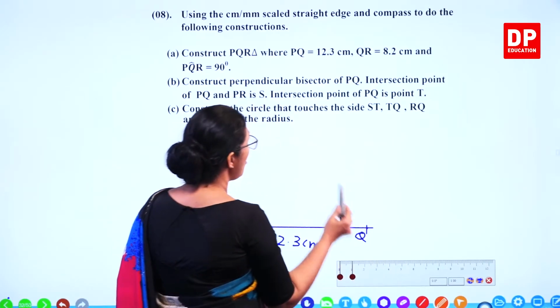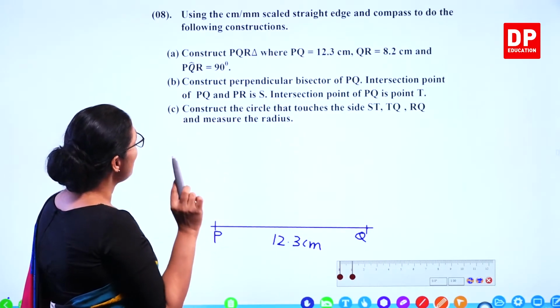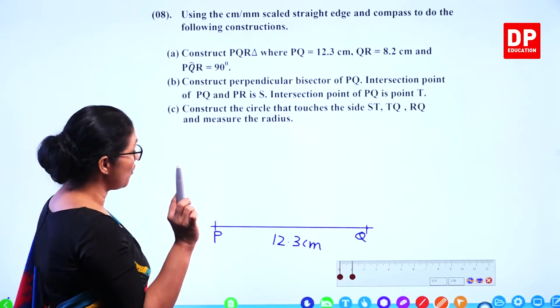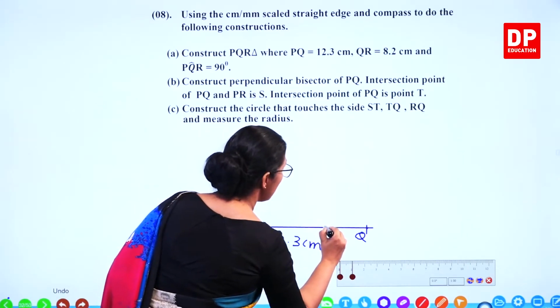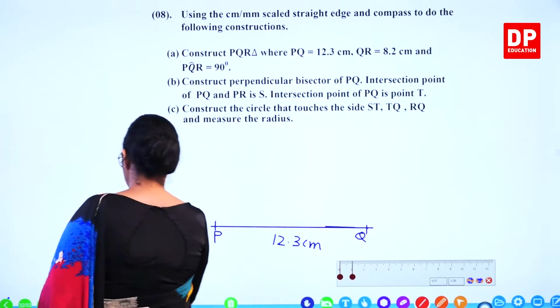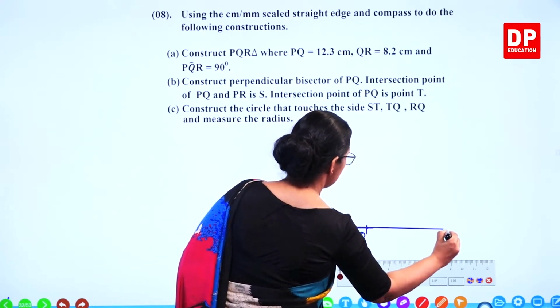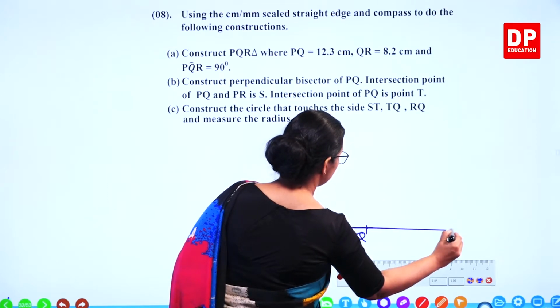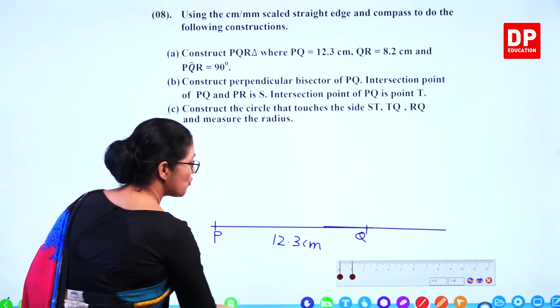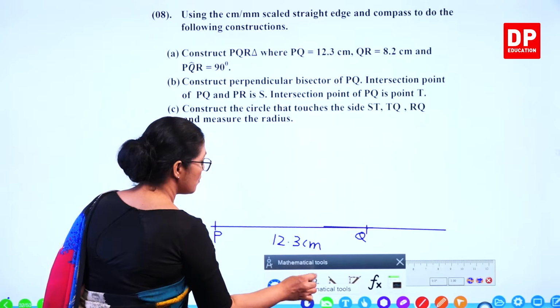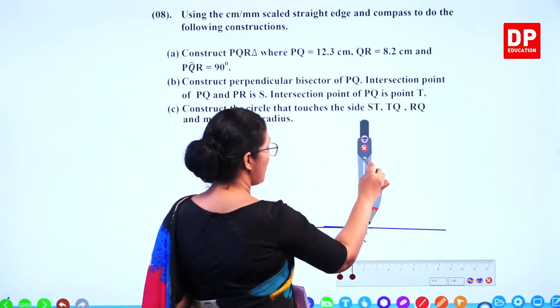Now we need to draw a 90-degree angle for Q. So we have to extend the line. Yeah, we'll take it like this. And we have to draw a perpendicular now. How do we draw a perpendicular?